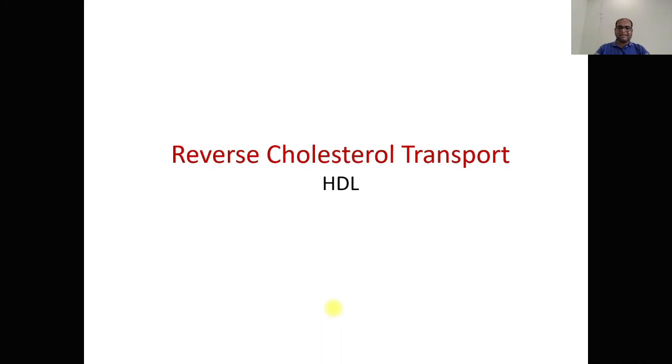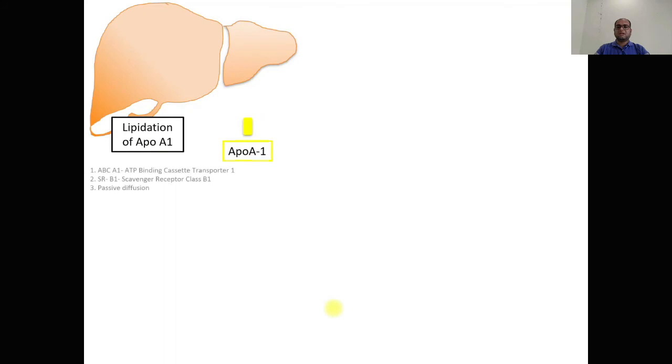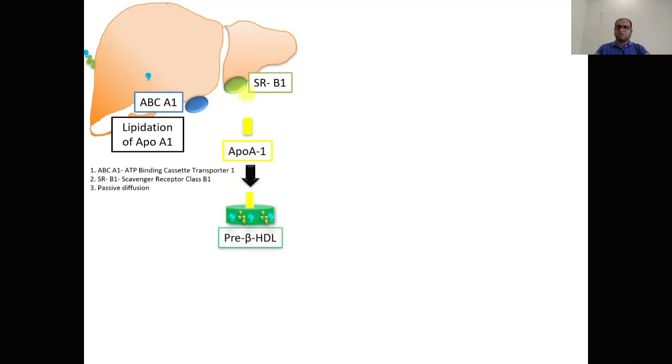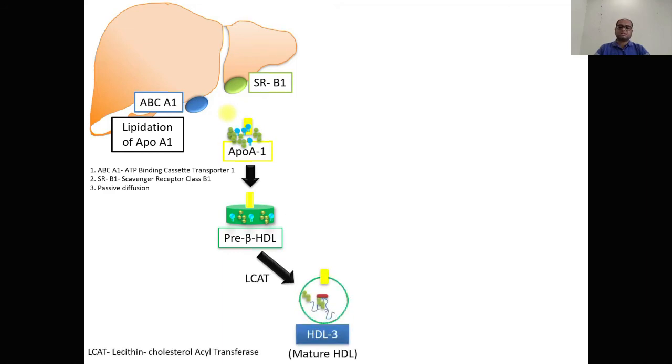Now let's talk about the HDL, how it is generated. So ApoA1, generated inside the liver, comes out, and it is bound with ABCA1 as well as SR-B1. Now going forward, various cholesterol esters get bound with the ApoA1 and generate the pre-beta HDL, which in the presence of LCAT gets converted into mature HDL.